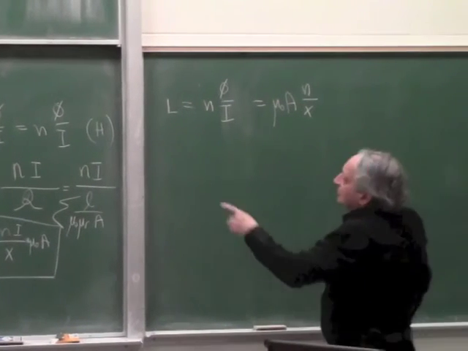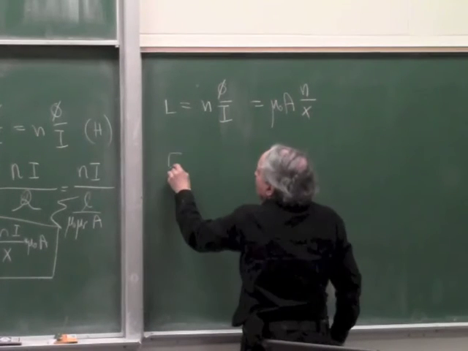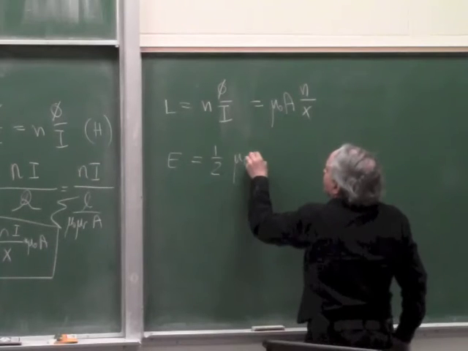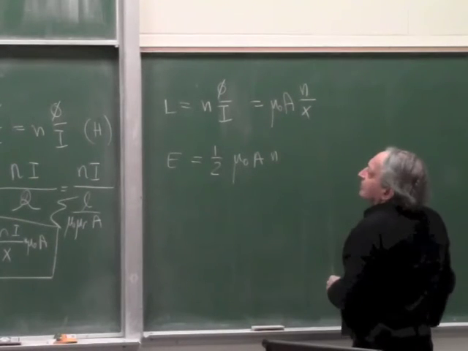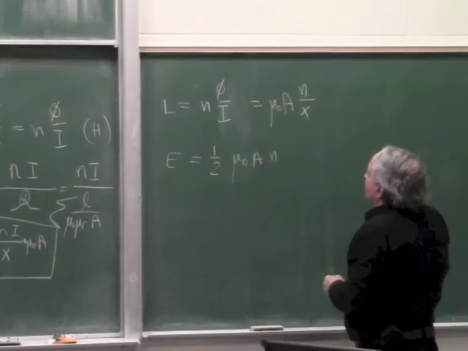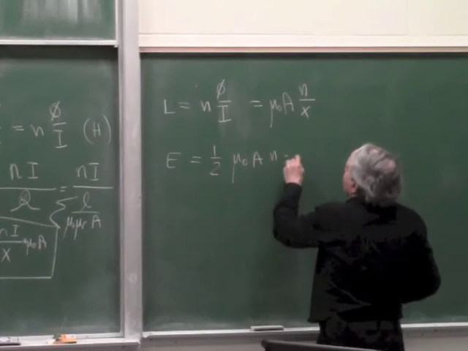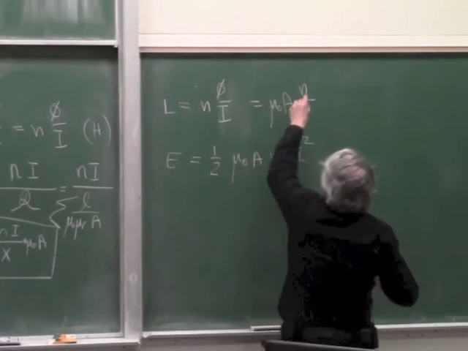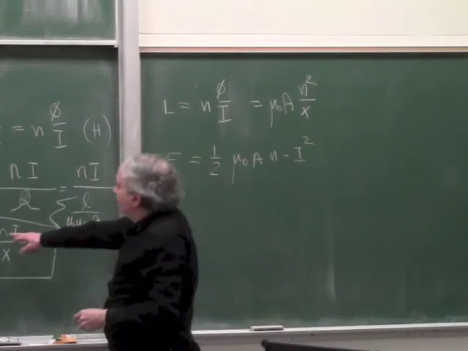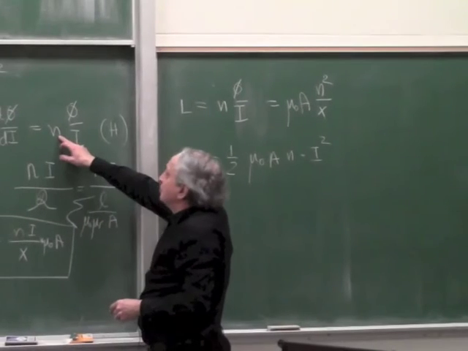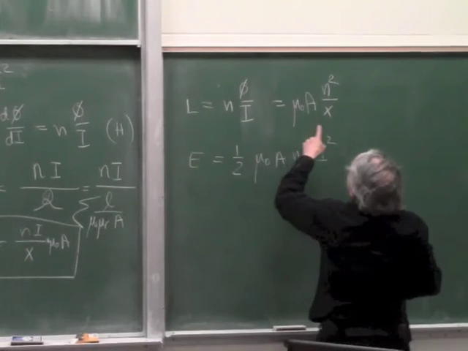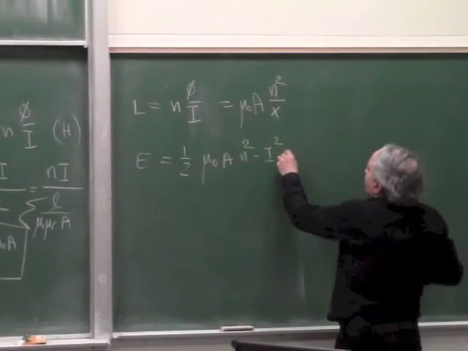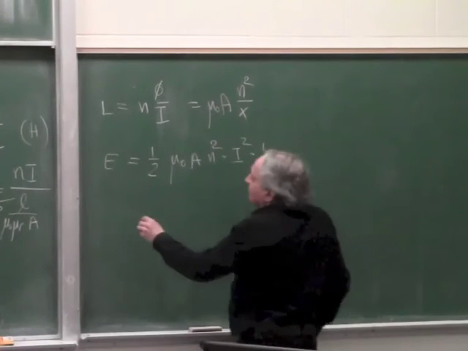And we plug it into the energy formula, 1/2 L i squared, so it's mu 0 A N times 1/2 times I squared. I think I missed an N. It's N squared, because I have N from here times N from the definition of L. So this is the energy times 1 over x.